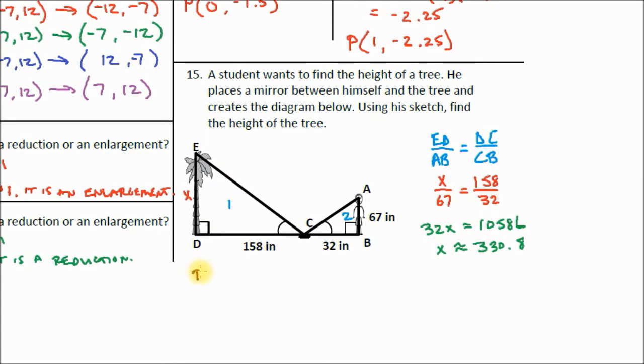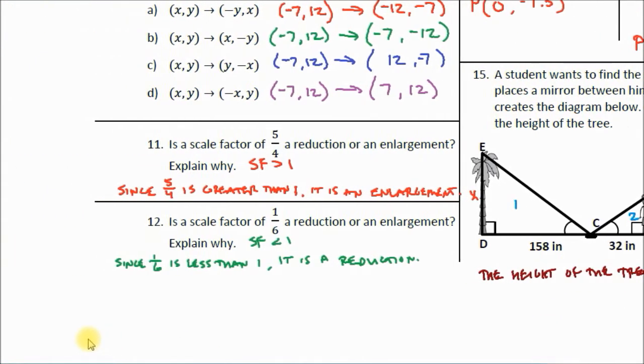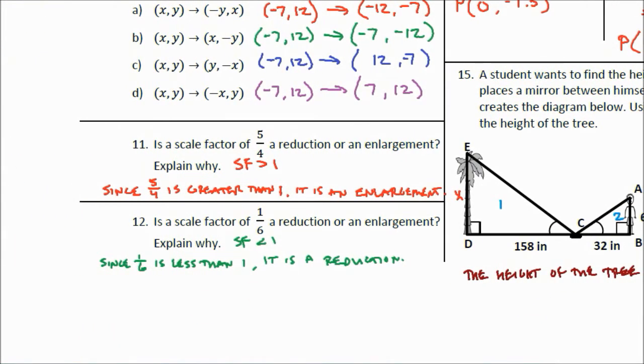Here's our sentence. The height of the tree is 330.8. Our unit of measure is inches. 330.8 inches. That's number 15. Let's see if we can squeeze in 16.